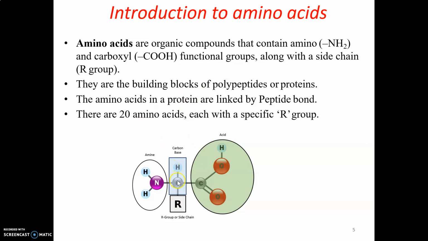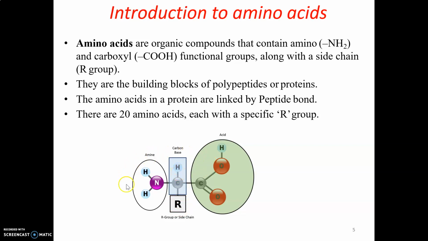So how do you remember this? At the center you write carbon. I told you they contain both an amino group and a carboxylic acid group. So write NH2, COOH and write one R here. R is a side chain. And you have to satisfy the valency of carbon, put H here.